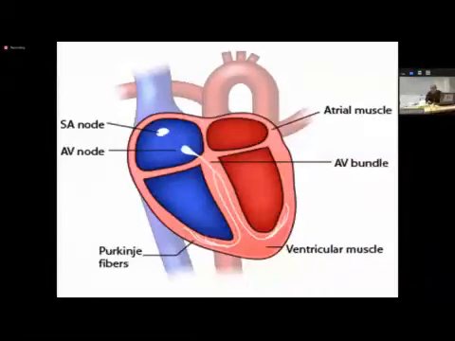Maximum number of gap junctions all over the heart and the highest excitatory rate, which is between 60 to 120, nature has made the sinoatrial node the only normal pacemaker of the heart. Is this clear? Yes, sir.